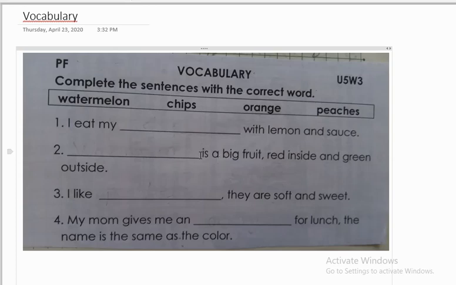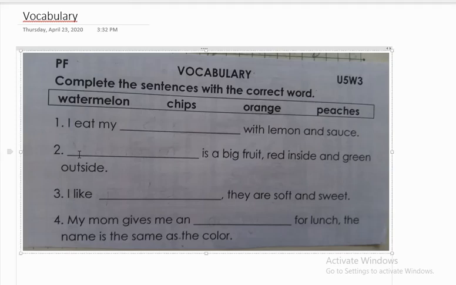We have that this fruit is big, is red inside and green outside. So which one is green outside and red inside? Which one? Well, the watermelon, right? So we are going to write here watermelon.